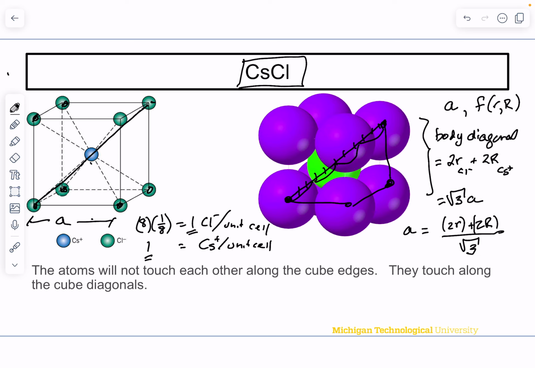The key point here is that you need to notice where atoms touch, and then use that relationship of the touching radii to come up with an expression for the lattice parameter A.